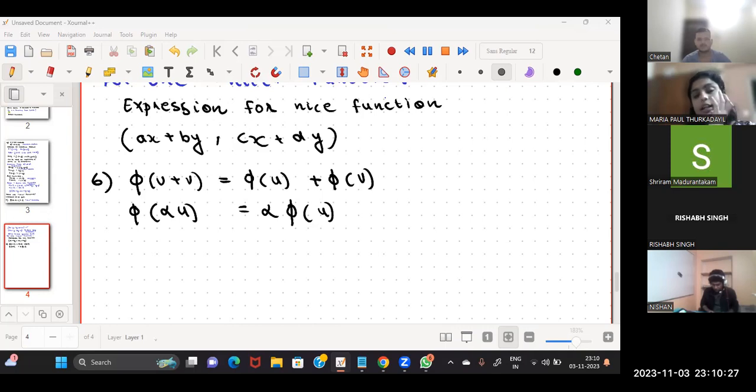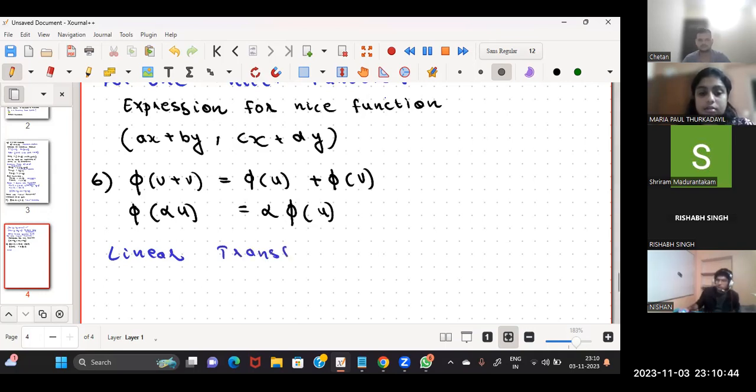So what essentially are these functions that satisfy these conditions? Someone said it's called a linear transformation. So what do you basically understand when you say linear transformation?